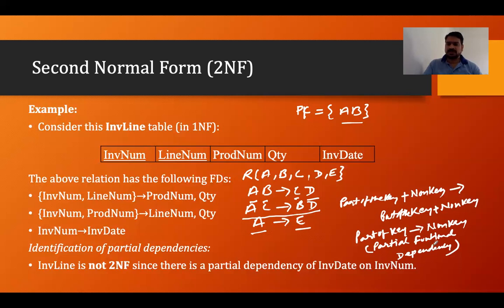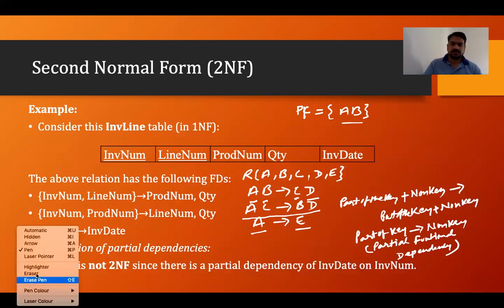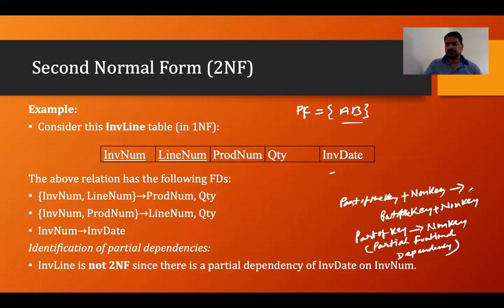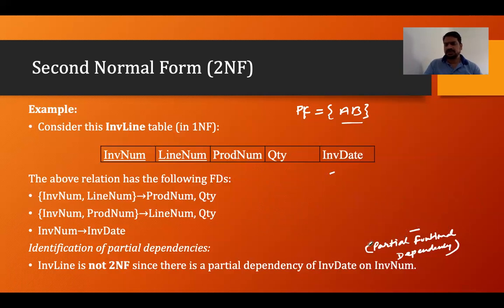If this is a partial functional dependency, then what do we have to do? We find out that partial functional dependency exists in the functional dependencies, and which functional dependency is creating the problem for this relation to become second NF.